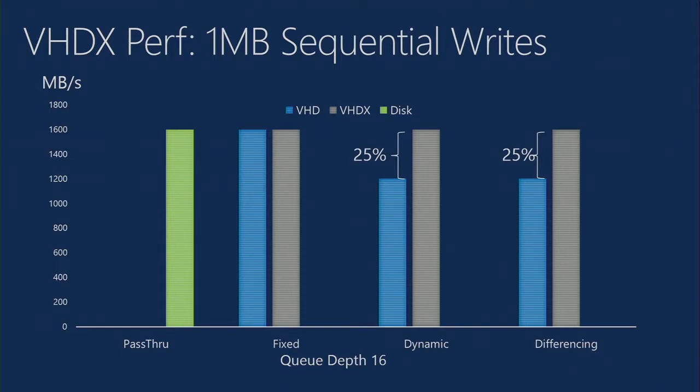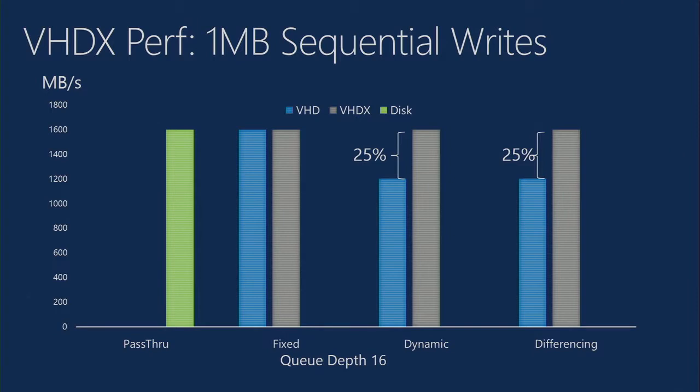In terms of VHDX performance improvements, for 1 MB sequential writes, when you compare it to a pass-through disk or a fixed disk, you see that it's very comparable. It's about 25% faster than VHDs, and very comparable to pass-throughs and fixed VHDs. So yet another reason why we keep saying, stop using pass-throughs. Please don't use pass-throughs.